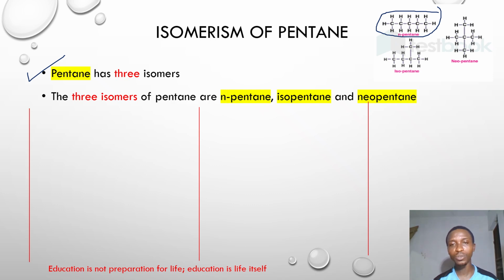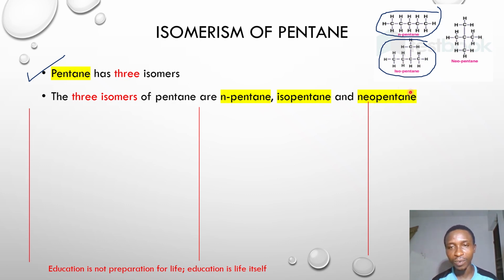We have the isopentane, which is 2-methyl butane. If you count, 1, 2, after the second carbon atom we have a branch chain, and the parent 1, 2, 3, 4, that's butane. So the name of this is 2-methyl butane.